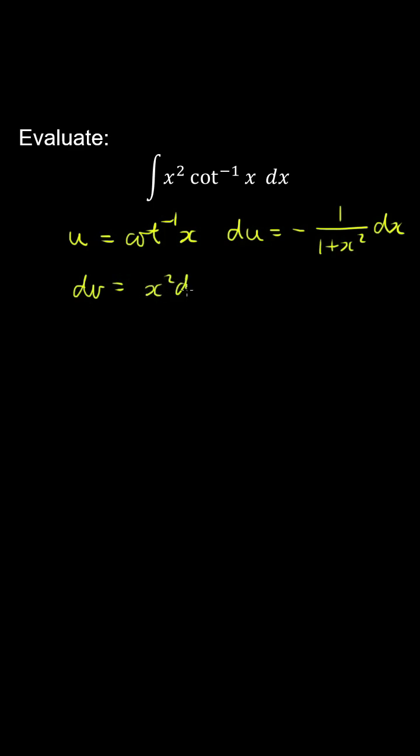We have the integral of the product of two functions, so we'll use integration by parts. And we don't want to integrate arc cotangent, so we're going to set it to u so we can differentiate it. And we know the derivative is minus 1 on 1 plus x squared dx. And dv is x squared dx, and therefore v is equal to x cubed on 3.